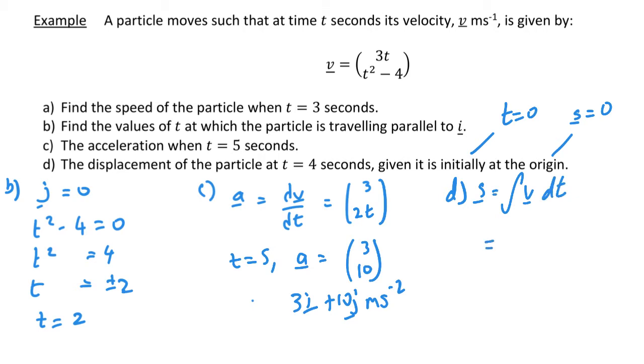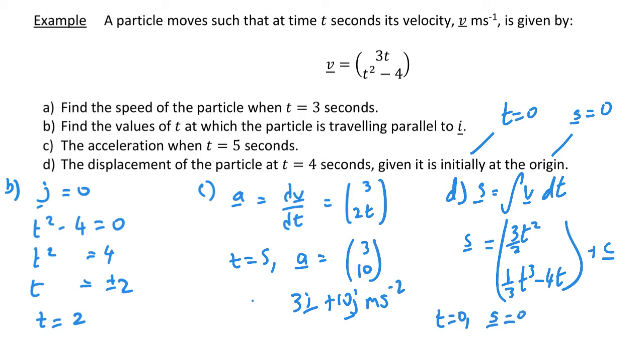So we're going to integrate 3t, and we'll get 3t squared over 2, and integrating t squared minus 4, we'll get a third t cubed minus 4t, but we'll also get some constant c. But we know at time t equals 0, s equals 0, so that means that c must also equal 0.